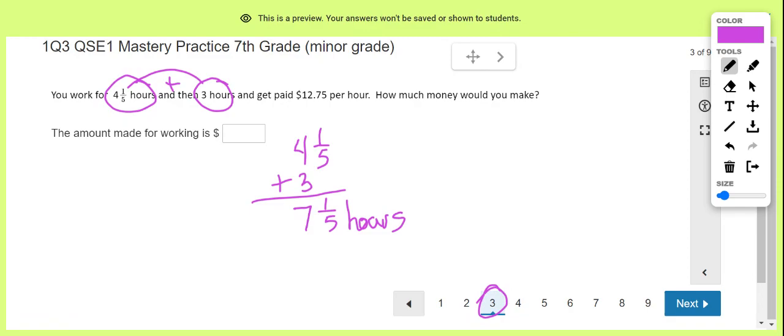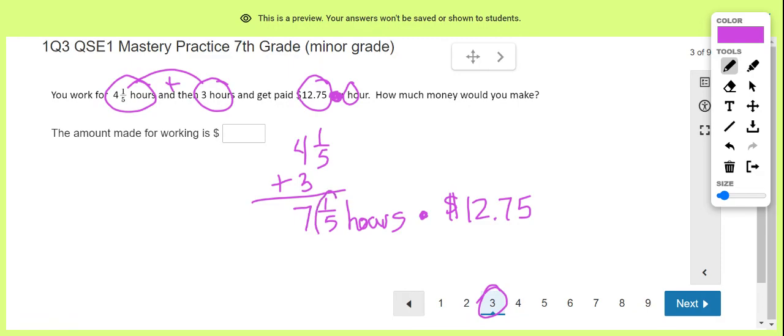Now, each one of these hours are being paid per hour. So it's $12.75 times every hour. So we got 7 1/5 hours times 12.75.